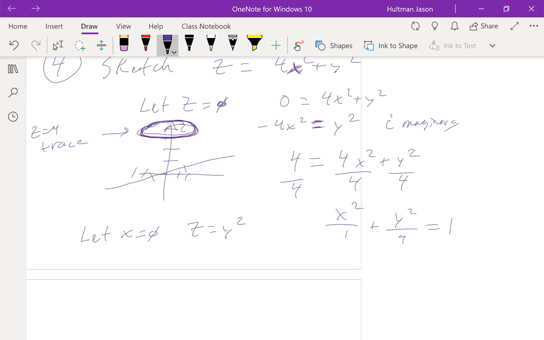Well, the zy plane is z and y. Isn't this just a parabola? Wouldn't that just be my trace in the zy plane?